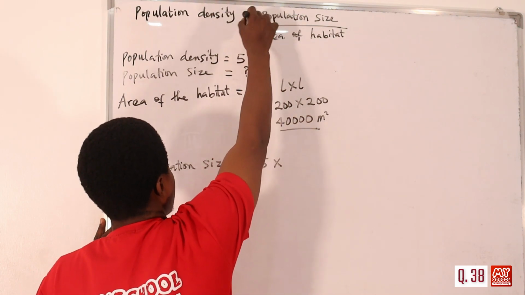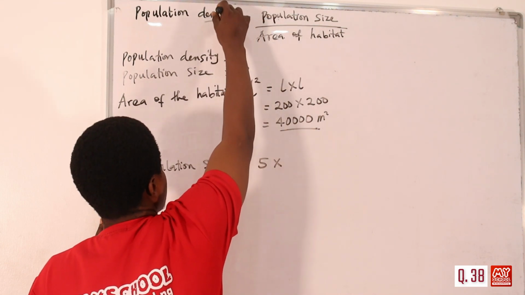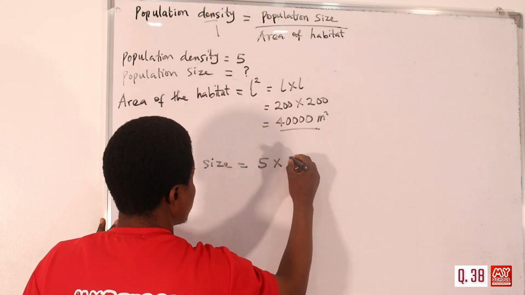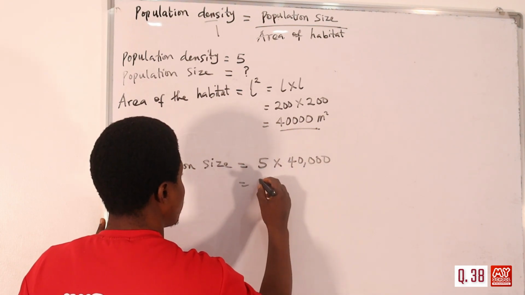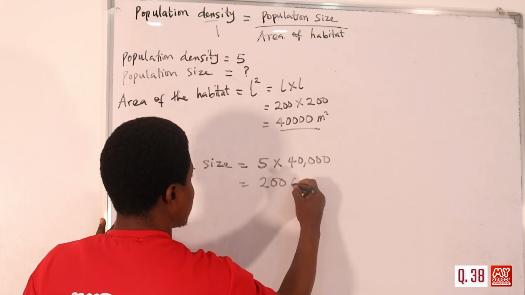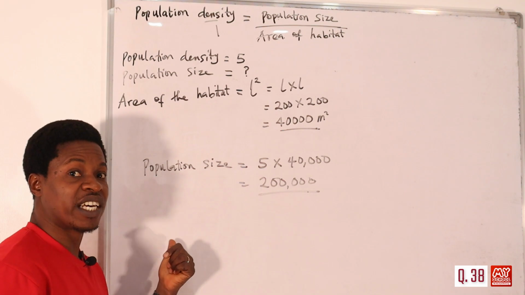By the time you cross multiply, it will be this over 1. So population size will be population density times area, which is 5 times 40,000. By the time you multiply 5 by 40, that should be 200, then we have 3 zeros. So this should be the population size of the tree decks plant that we have there.